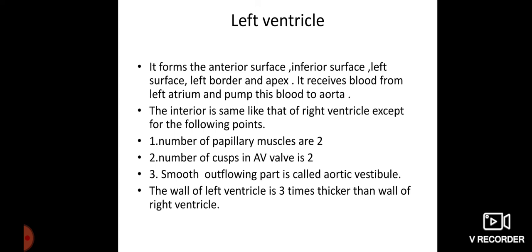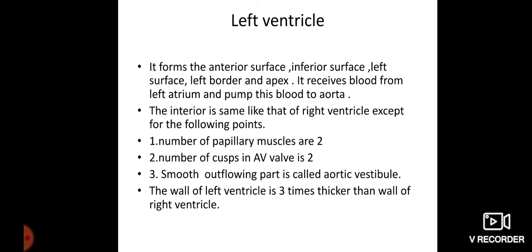The inflowing part is rough due to the presence of numerous muscular projections. They are collectively called trabeculae carneae, and these trabeculae carneae are bridge-like, ridge-like and pillar-like. Pillar-like muscular projections are called papillary muscles. Here the number of papillary muscles is 2 because this chamber consists of an atrioventricular valve with 2 cusps, that is the bicuspid valve. So the function of the papillary muscle is to connect with the bicuspid valve.